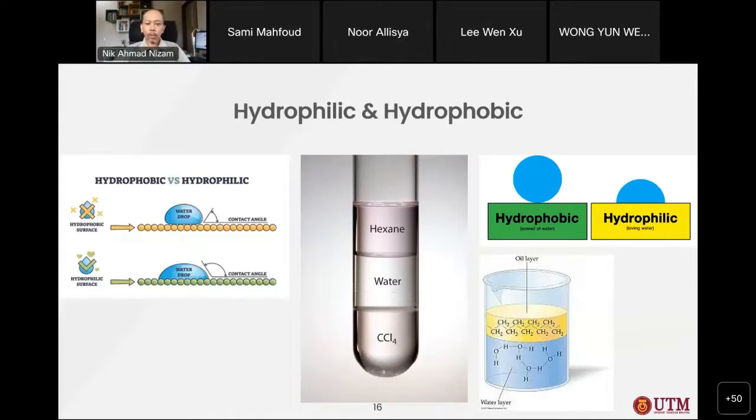Water cannot attract hexane. Water cannot attract chloroform. So those are the terms that you need to understand. Remember, interaction and reaction are different. When it comes to hydrophilicity and hydrophobicity, we are talking about interaction. There is interaction between the water molecules and the hydrophilic surface.